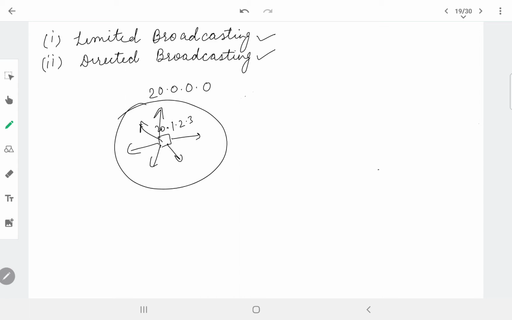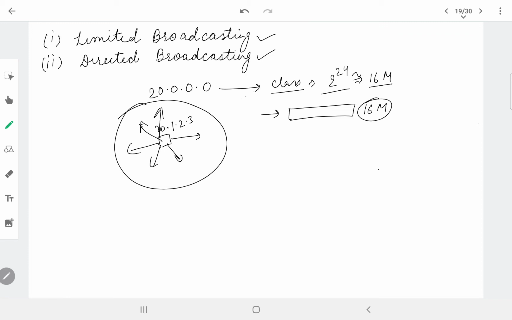But the problem here is, since this network belongs to class A, the number of hosts present in this network will be 2 to the power 24, that is approximately 16 million. To send a packet to 16 million hosts, this host would need 16 million packets, and every packet would go to each of the 16 million hosts.